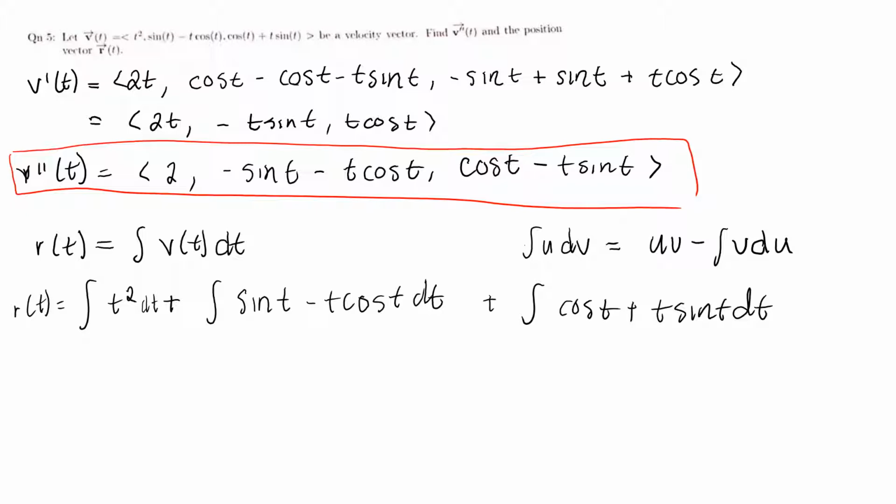So we're going to go ahead and break it up. We're going to label this equation 1, this will be equation 2, and then this will be equation 3, just so it's easy to follow.